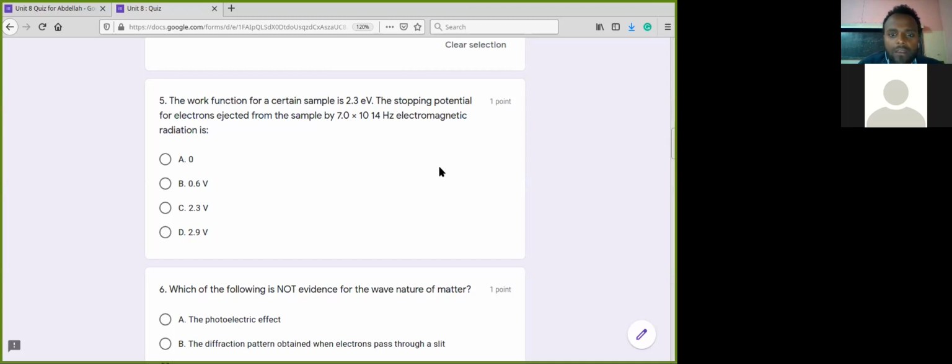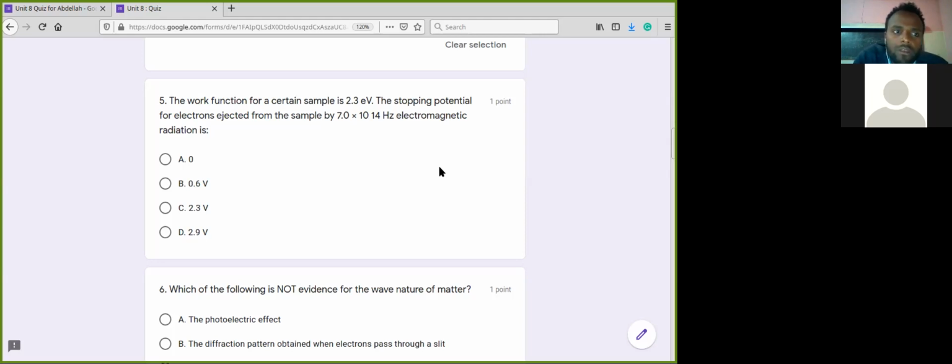Then arrange the exponents. In the numerator you have 10 to the power of 14, and for the Planck's constant minus 34. So minus 34 plus 14, you will get minus 20, yes? In the denominator, for the charge on the electron, you will have the exponent minus 19.